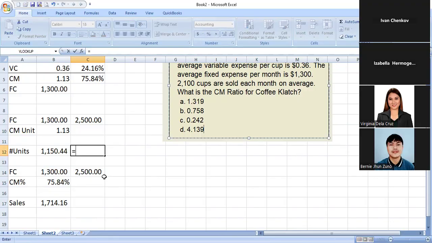That will be equal to the bracket 1,300 plus 2,500 divided by the contribution margin per unit. In this case, we need to sell 3,362 cups, or 3,363 cups. And our sales to achieve that income is 1,300 plus 2,500 divided by the contribution margin ratio, or $5,011 in that case.